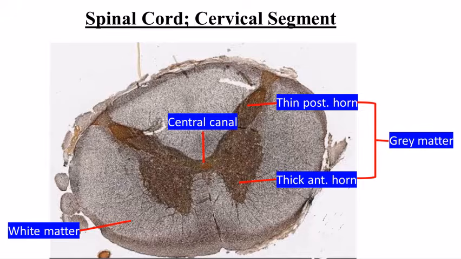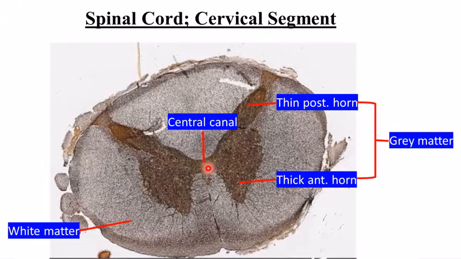First of all, how do I know that this is the spinal cord? From the H-shaped gray matter. In the center I have the central canal lined by simple cuboidal epithelium, partially ciliated, which is known as the ependymal cell.